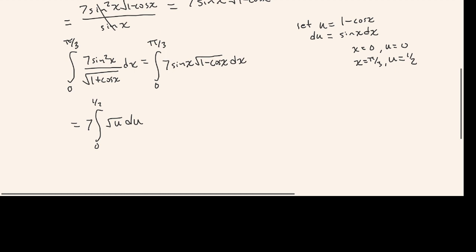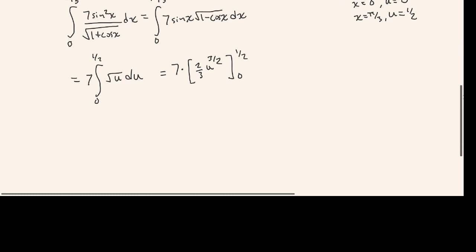Here's the sine x dx. And so this is what the substitution turns it into. And now we can easily evaluate this. This will be equal to 7 times 2/3 u to the power of 3/2, evaluated from 0 to 1/2.